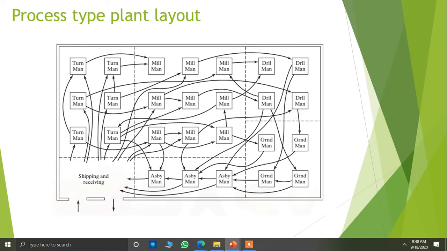It's not organized or ordered. Okay. So here all the machines are grouped based on machine type, but not on the process or the typical production type. Okay, so here in the first block you can have a look.